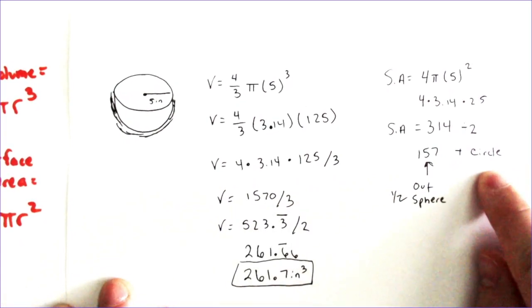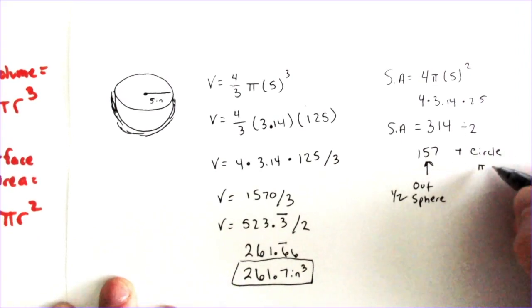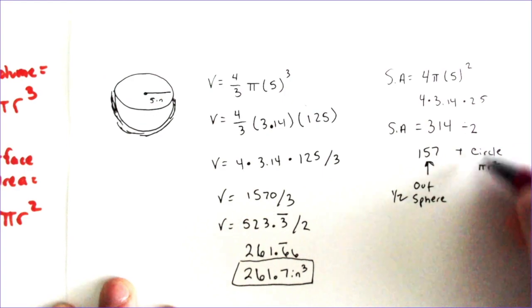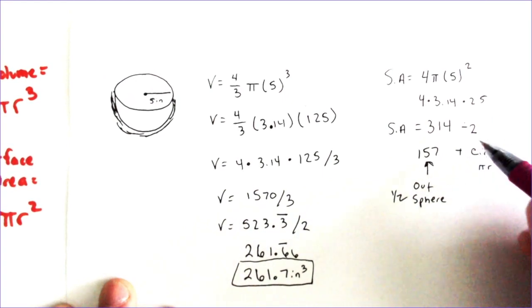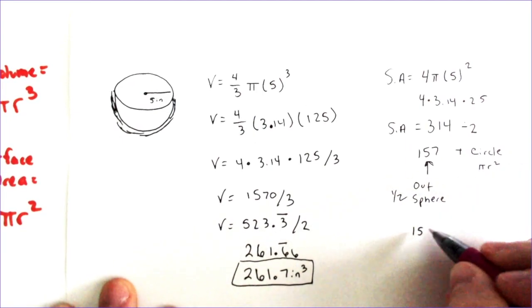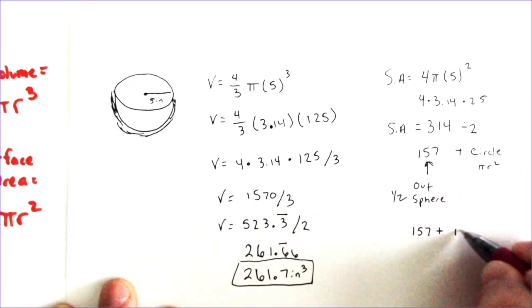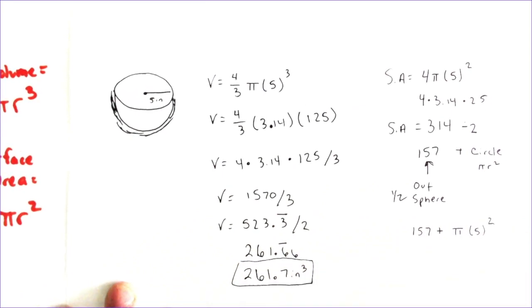We still have to add the area of that surface of the circle, which is an area of a circle problem, pi r squared. Pi r squared is the area of a circle. So we have to do another plus pi r squared. Well, we're going to have 157 plus pi times 5 squared.